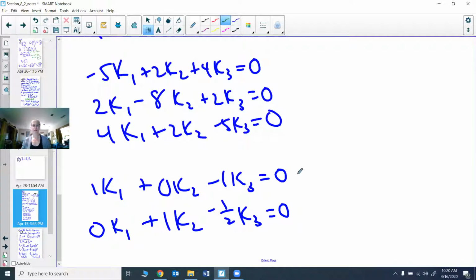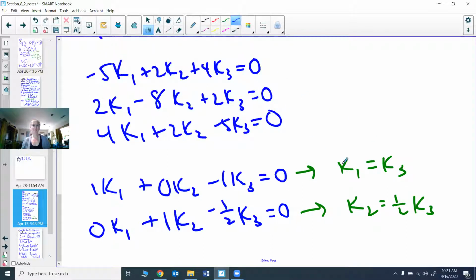What that does for me is it tells me from this row, I can say K1 is equal to K3. And from this row, K2 is equal to 1/2 K3. In a dependent system, we can pick one value and find the other two.